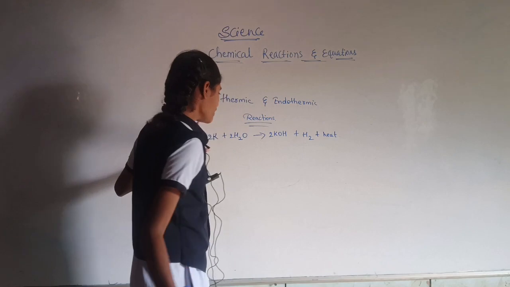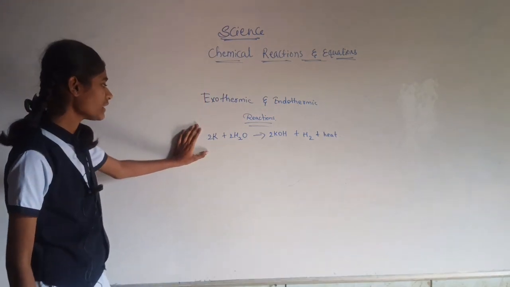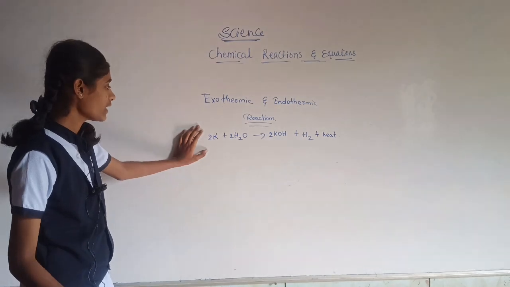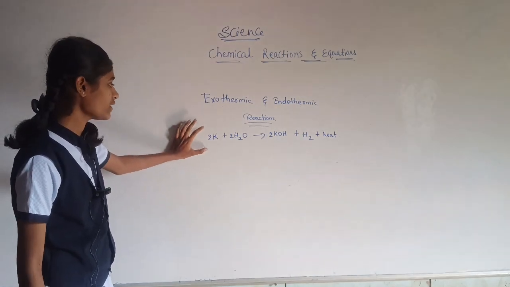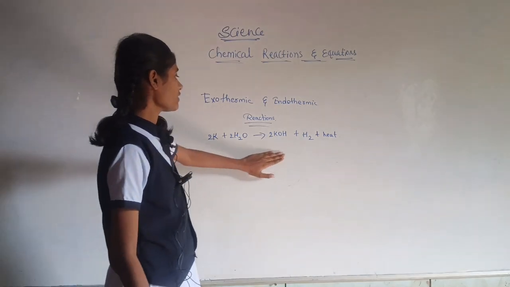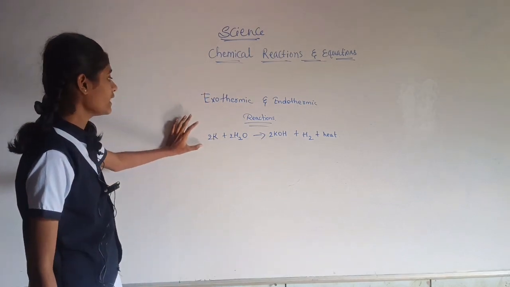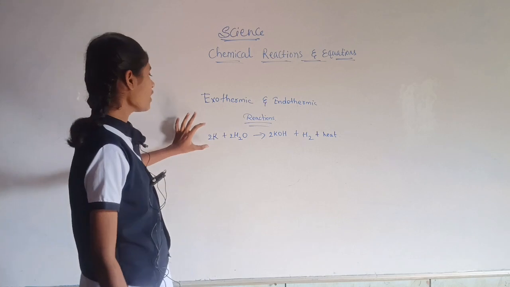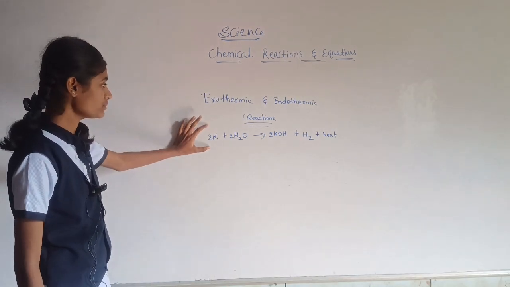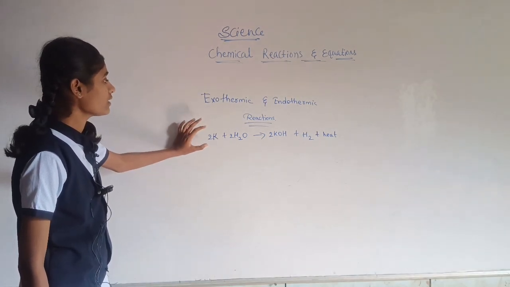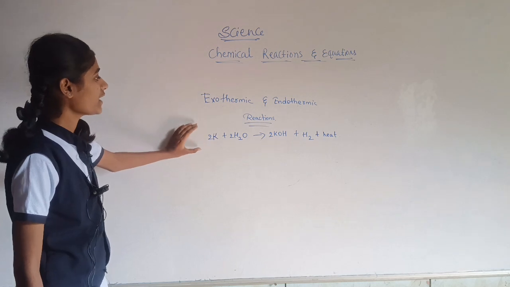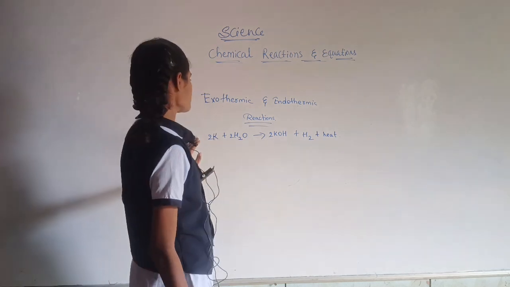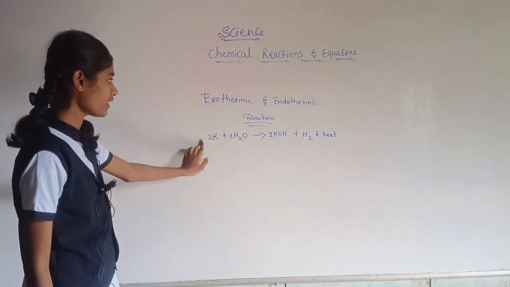A lot of heat is evolved because it reacts within a second of being added to the water. In this reaction, energy is released in the form of heat because potassium is so reactive. So this is an example of an exothermic reaction.